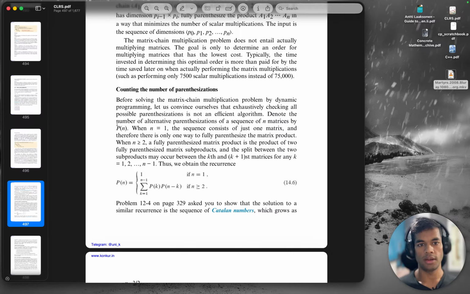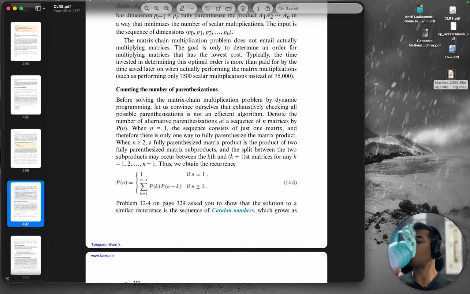And yeah, efficient algorithm. Denote the number of alternative parenthesizations of a sequence of n matrices by Pn. When n equals 1, the sequence consists of just one matrix, and therefore there is only one way to fully parenthesize the matrix product. When we have only one matrix, cool, makes sense.